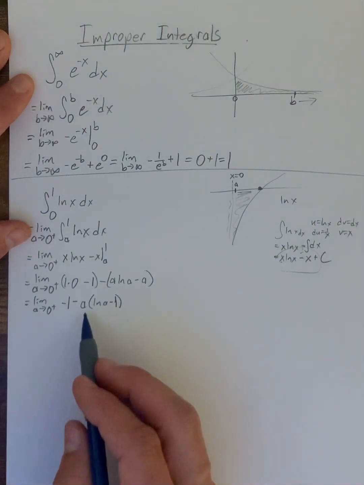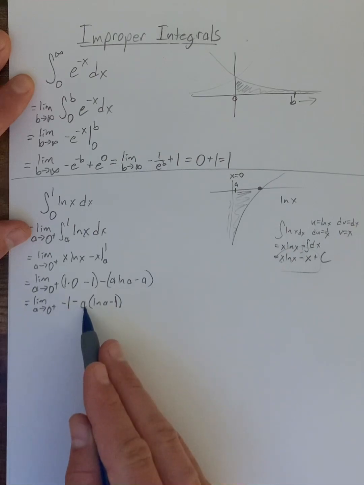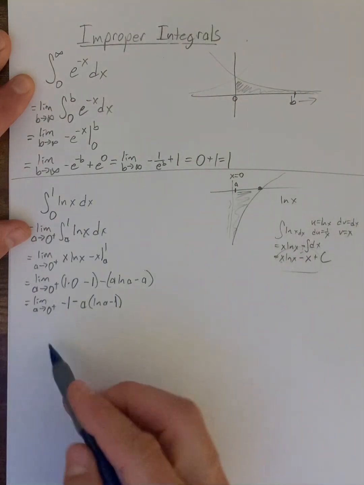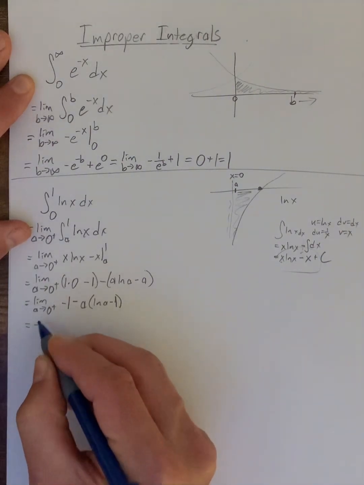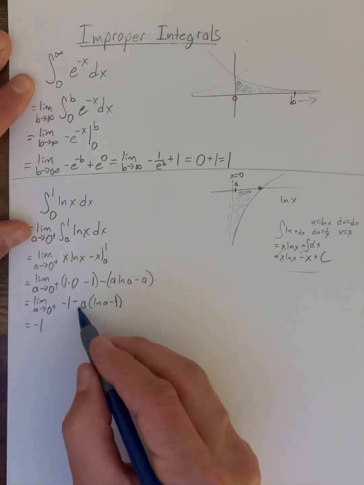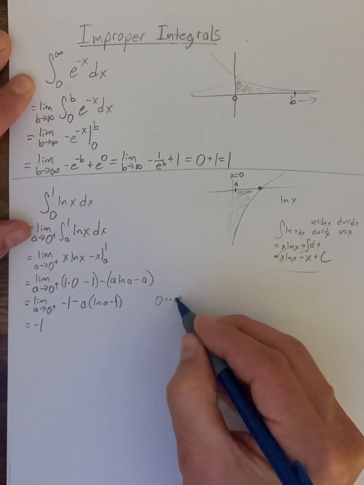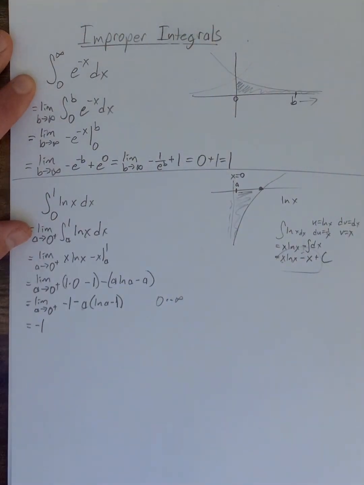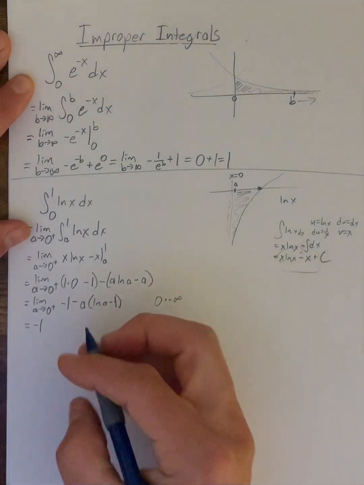If you were applying that limit, can you see that this is an indeterminate form? That negative 1, by the way, just comes out, right? The limit isn't affected there. This right here is 0 times negative infinity. That's an indeterminate form. How do we deal with it? Well, we can put that in the denominator.